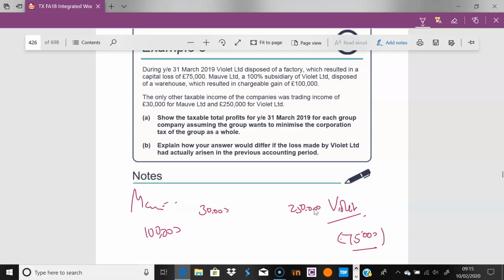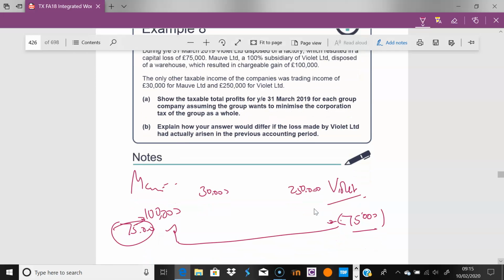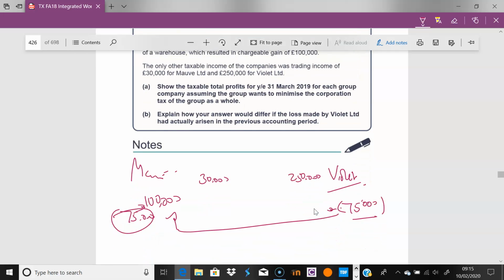What she can do is give this capital loss to Maeve. Maeve can then use this capital loss as though it was hers against her capital gains of 100,000, giving her net capital gains of 25,000.